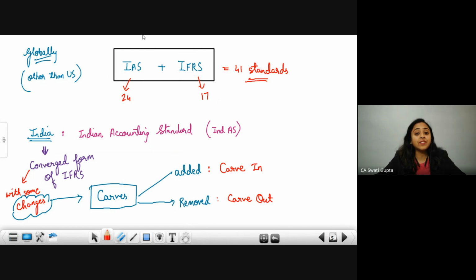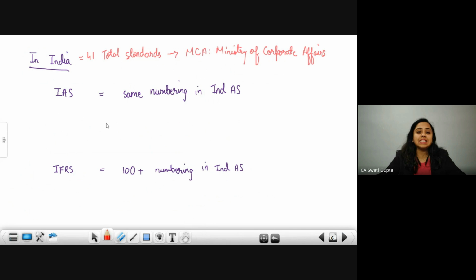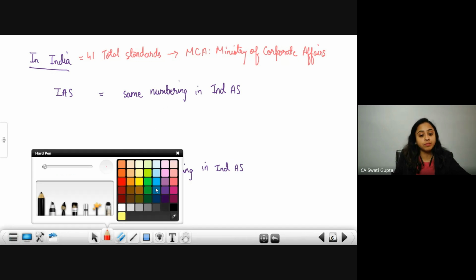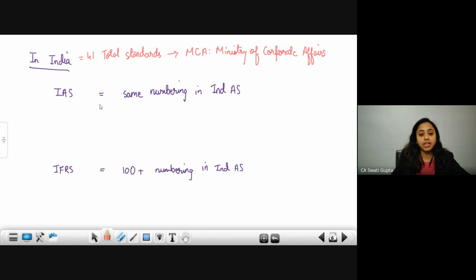How do you differentiate whether it is from IAS or IFRS? For this, MCA said that while numbering, if it is from IAS, we'll keep the same number, whereas if it is from IFRS, then we'll keep the numbering in the 100 plus series.